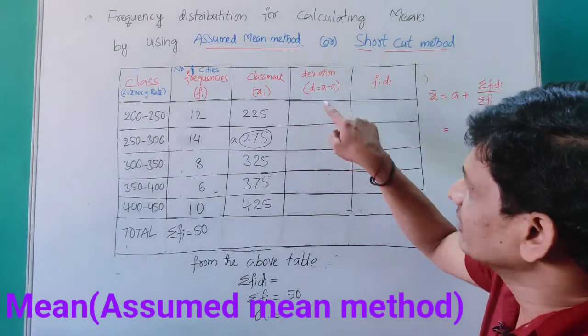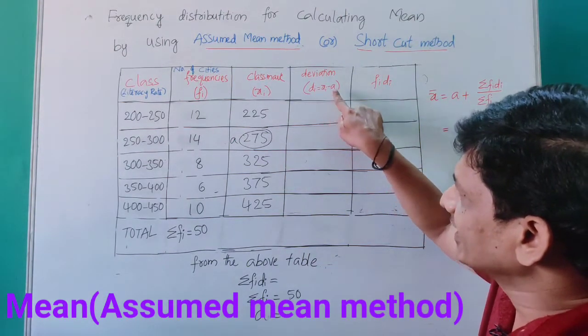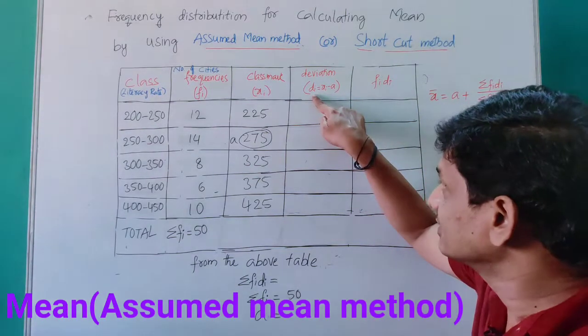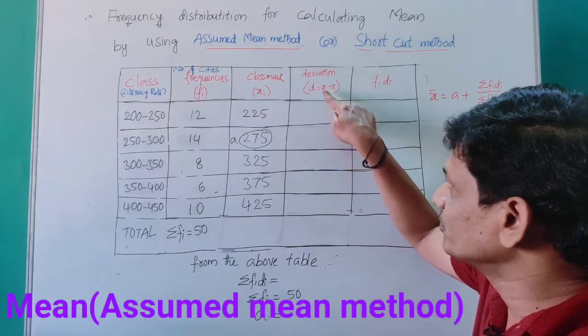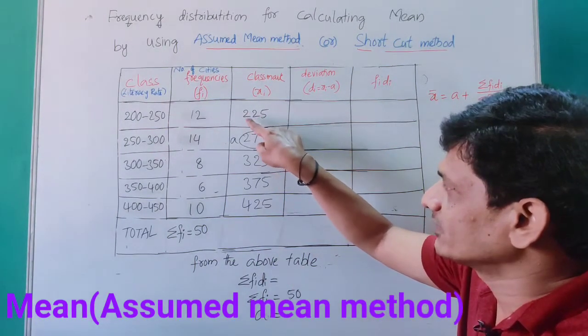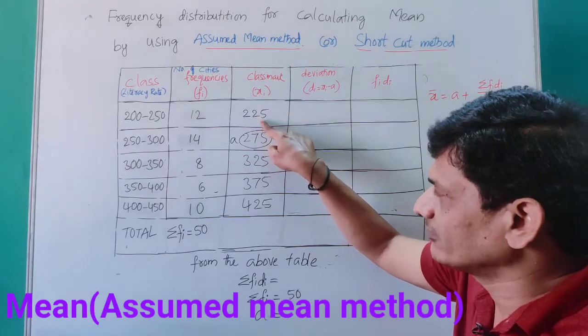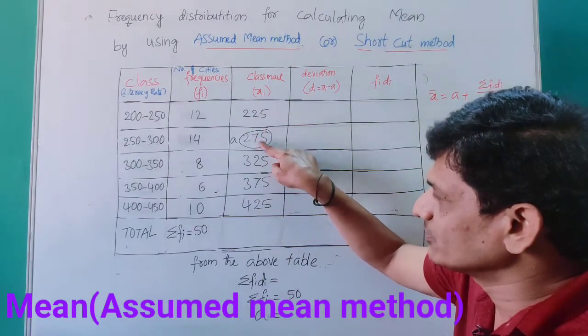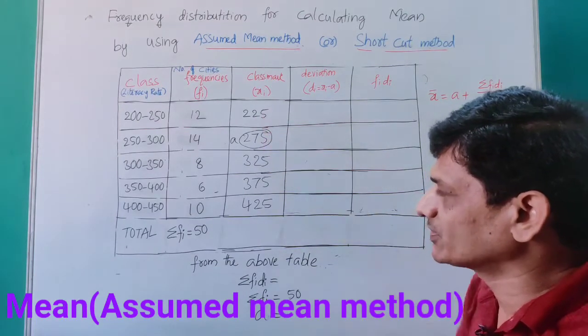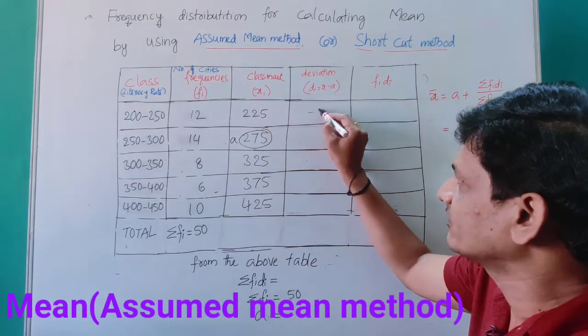Now to write the deviation, use this formula, xi minus a. That means to get the deviation of a particular class, you have to subtract the assumed mean from its mid value. For example, the first one, the mid value is 225. If you subtract the assumed mean 275 from this 225, you get 225 minus 275 equals minus 50.